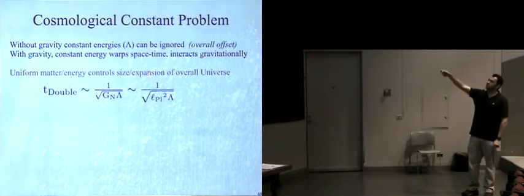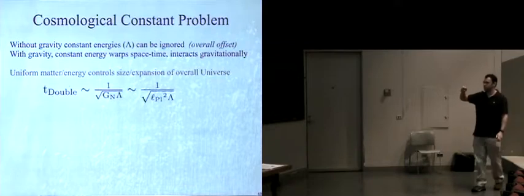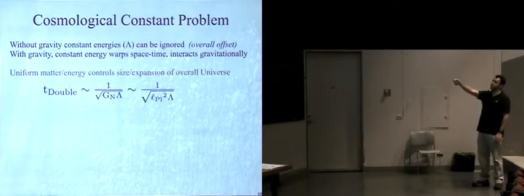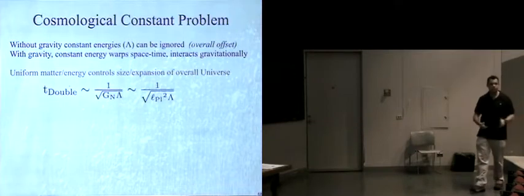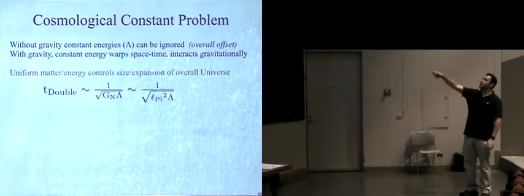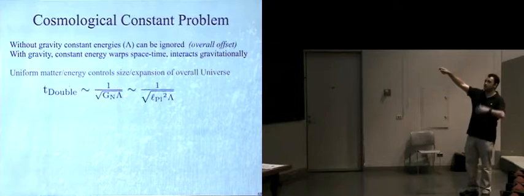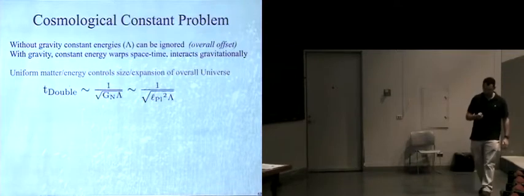We'll just take the expansion because our universe is actually expanding. So like the doubling size of the universe. How much time it takes for the universe to double in size is related to how much energy density you have. If you have an energy density, that can cause the universe to expand, and this doubling rate is given by something that goes like the Planck length squared times this energy density.